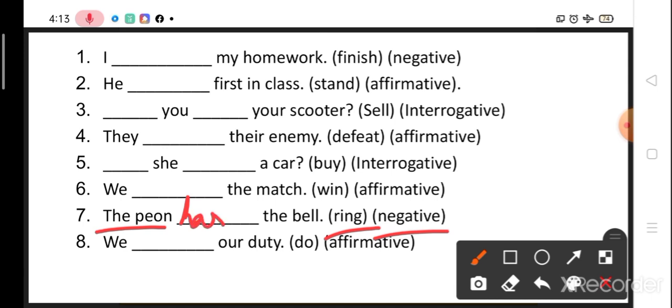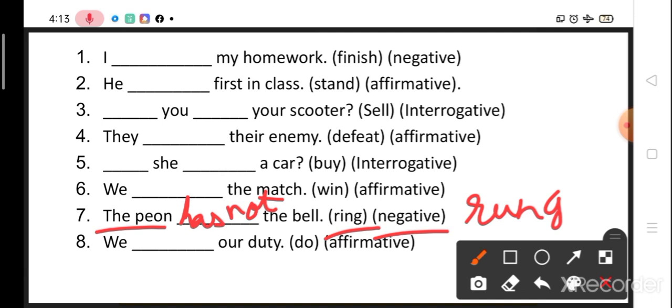The peon has, it's a negative, so we will write first not. The peon has not, and ring, past tense of ring is rung. So the peon has not rung the bell.